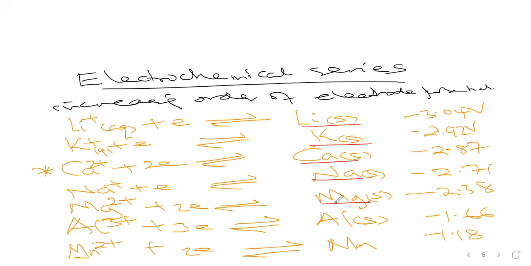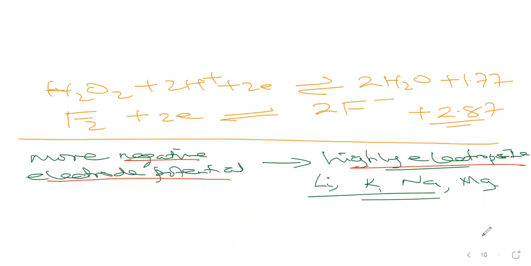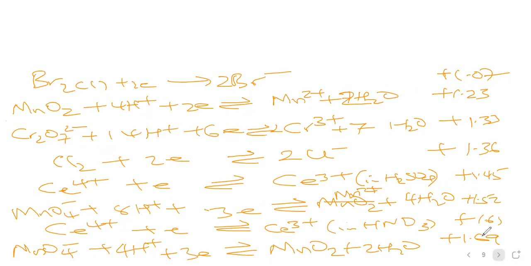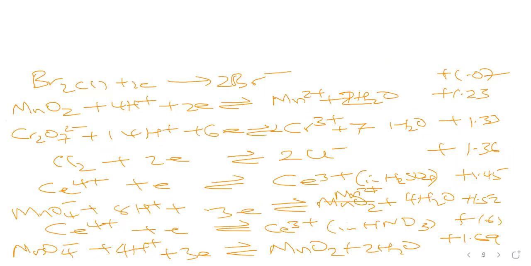Elements with more positive values of electrode potentials are highly electronegative. Look at this. Elements with more positive electrode potentials, like fluorine, is the most electronegative. Followed by which element?